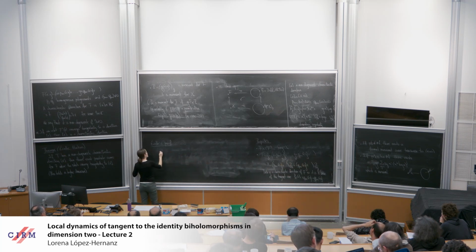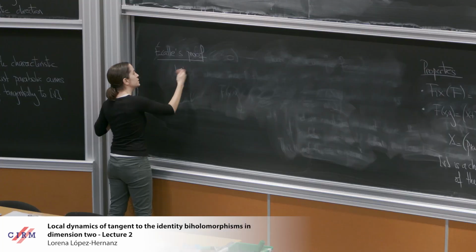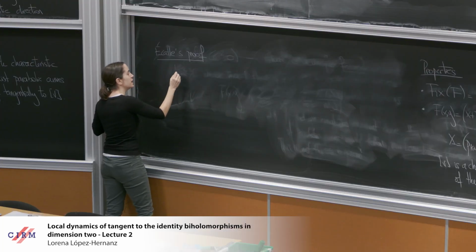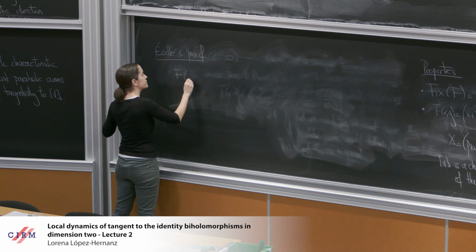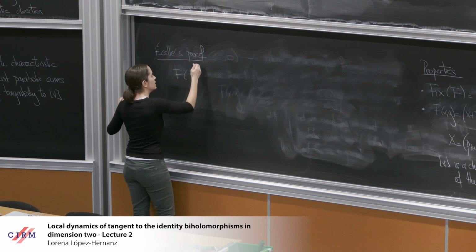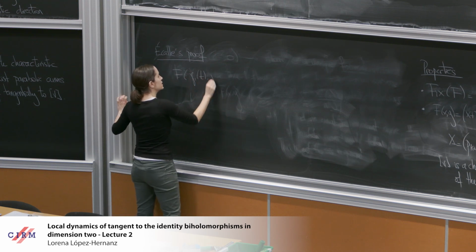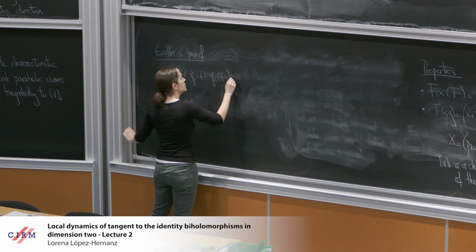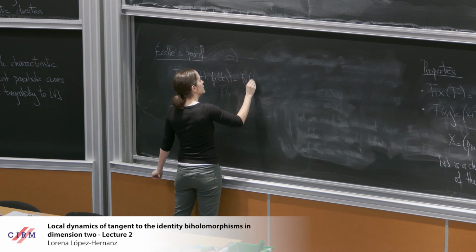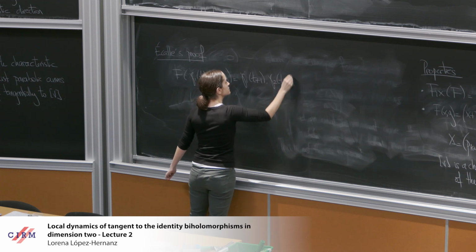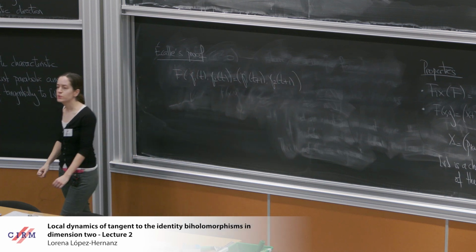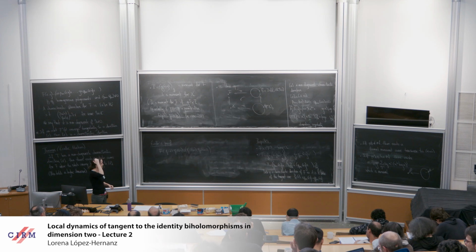We consider f of (gamma_1(t), gamma_2(t)) equals (gamma_1(t+1), gamma_2(t+1)). So you conjugate it in this way with a unit translation.